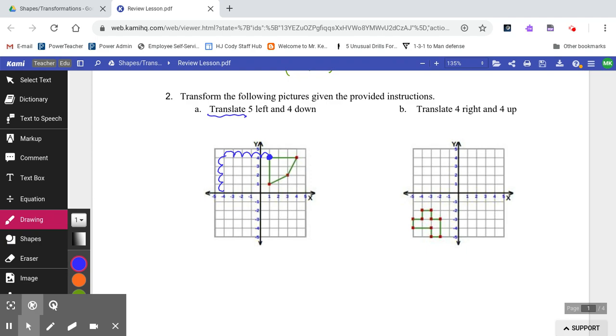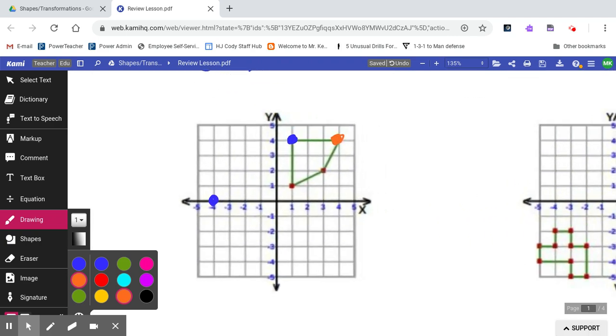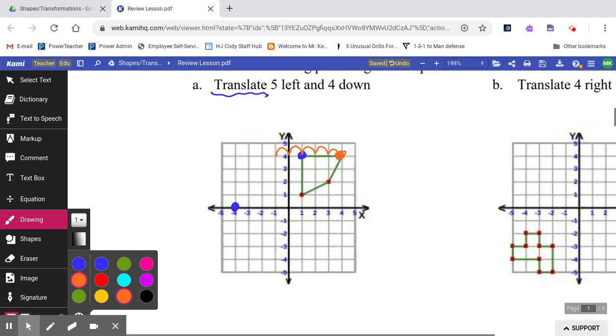After moving that corner, it is now right there. I'm going to do the same thing with the other corners. I'll take this corner and go 5 left, 1, 2, 3, 4, 5, and 4 down, 1, 2, 3, 4. And that corner is now moved to there.